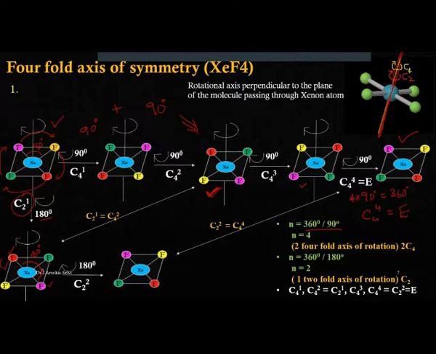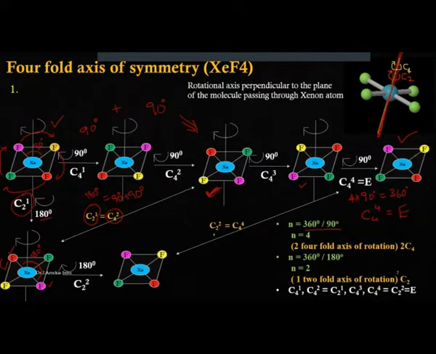The same thing is got when we perform a 180-degree rotation at once. So you could say that this C2 1, the 180-degree rotation, is equivalent to C4 2. C4 2 means 90 plus 90. So instead of writing C4 2, we could write C2 1.